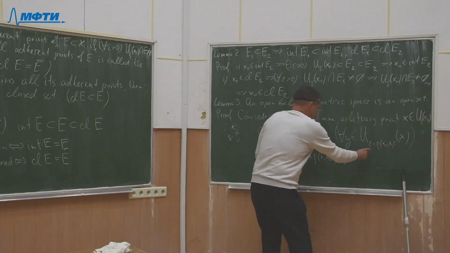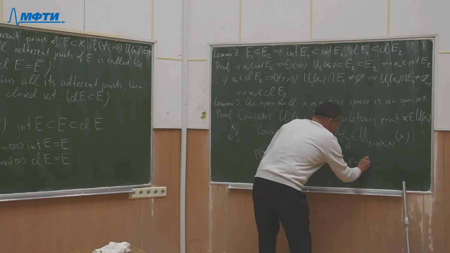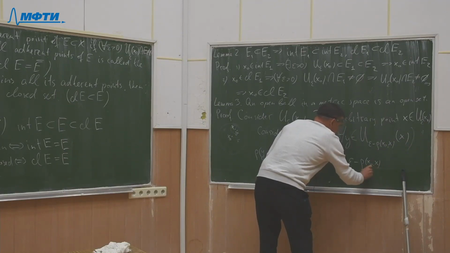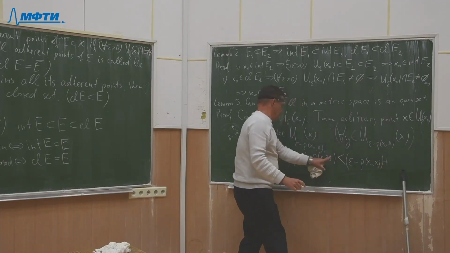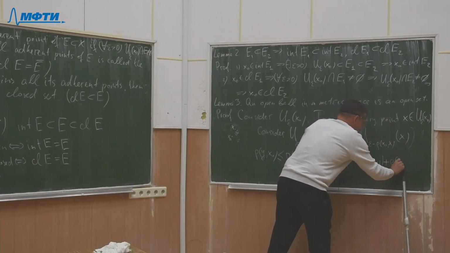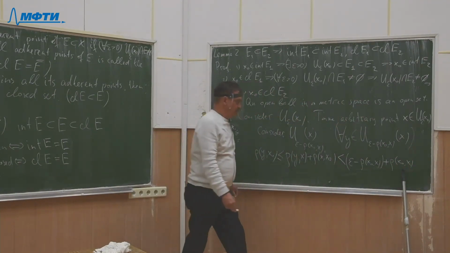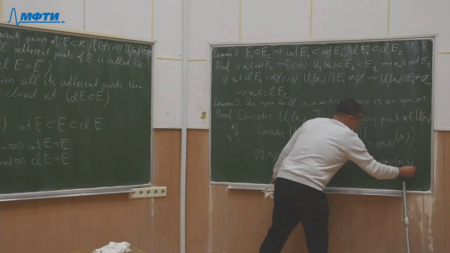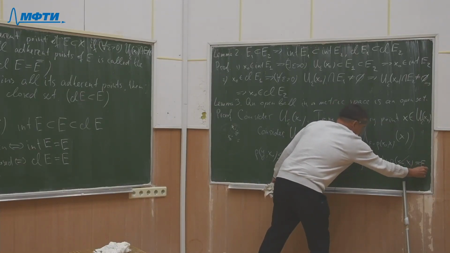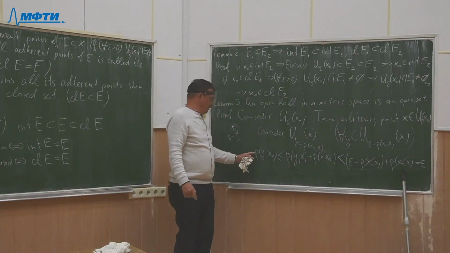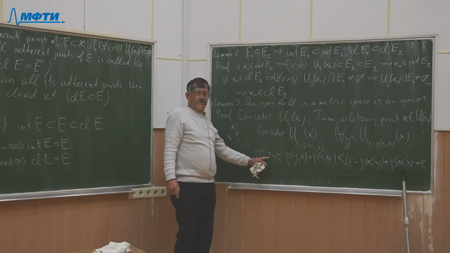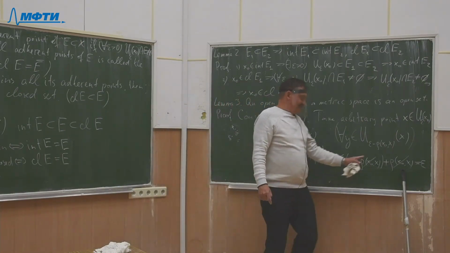And the radius was epsilon minus rho of x naught x. And that one I add as it was here. And you see now what happens. Cancel, that is epsilon, right? So we obtain the distance from y to x naught strictly less than epsilon.